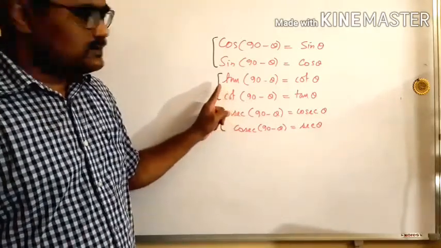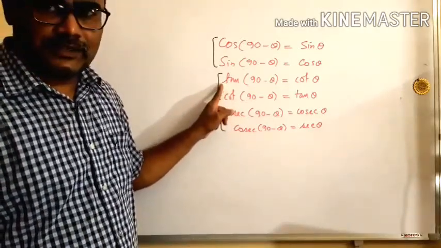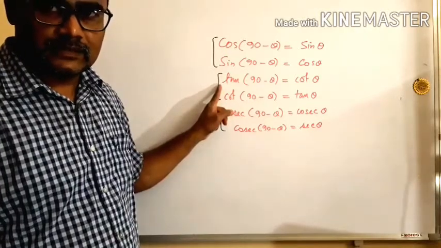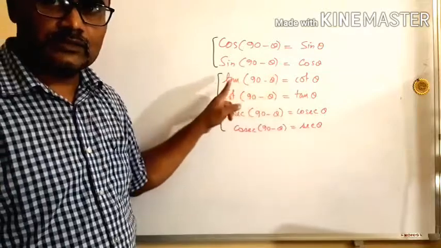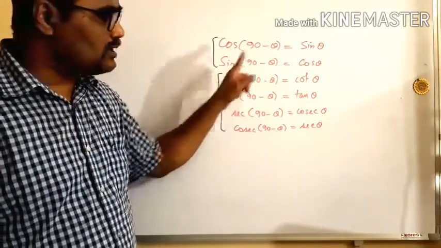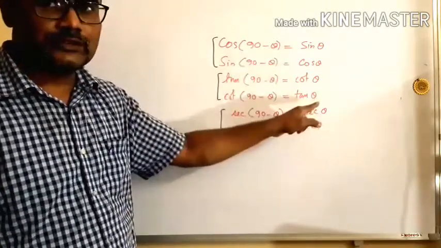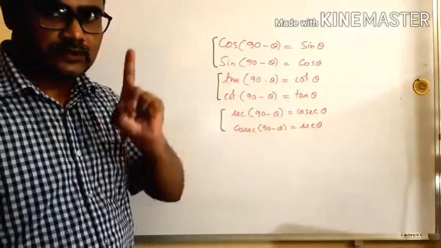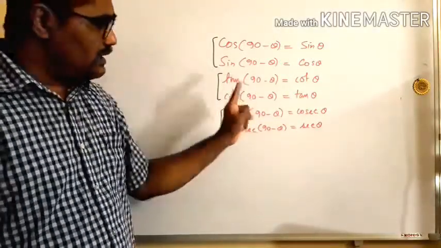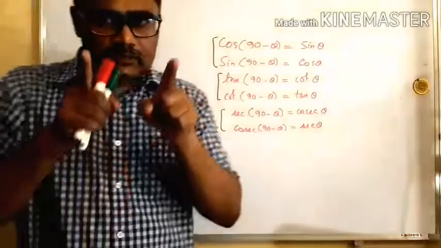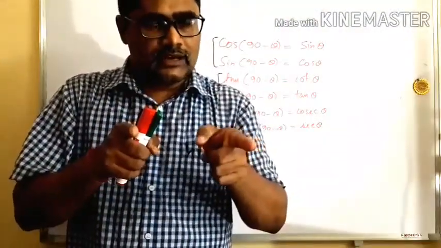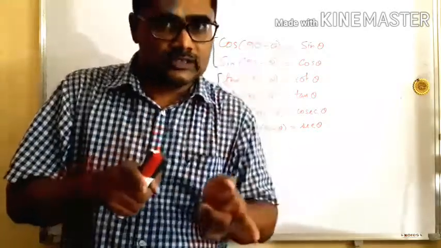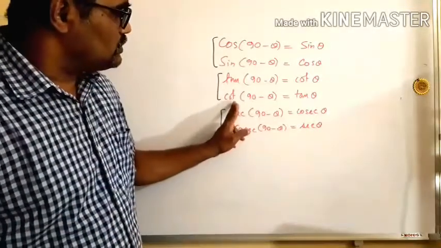Second part. Tangent got changed to cotangent, means cot, right? Earlier there was no co here, and now presently there is co here. That's what I told as the first point. On either side, if change occurs, either co will be prefixed if it is not there, and co will be dropped if it is already there, right?